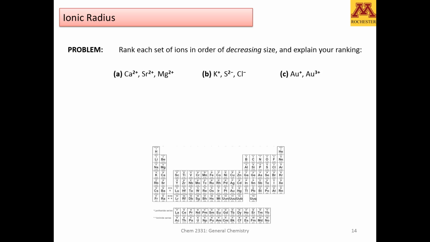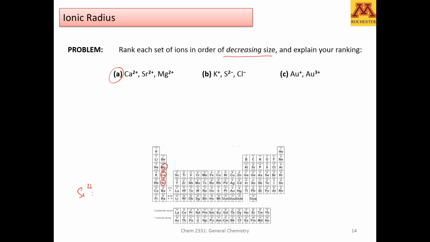Okay, so let's see if we can apply this to some simple problems. In this case, it's asking to rank each set of ions in decreasing size. Let's start with A, where we see calcium, strontium, and magnesium, all having the same charge. Magnesium, calcium, and strontium are in the same group.